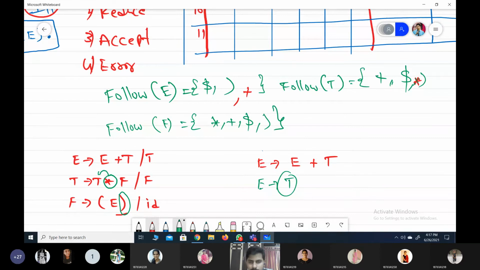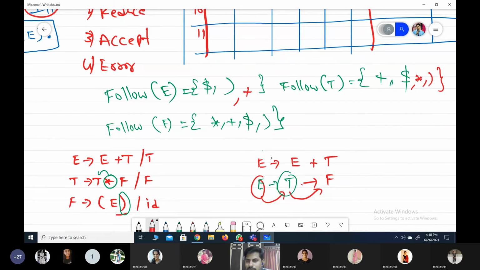So here, if you cross check, you can have both symbols, star and closed parenthesis. E tends to T and then T tends to F. That means E symbols are available in T, and T symbols are available in F. Follow of E is available in follow of T, and follow of T is available in follow of F. This is a blind rule.